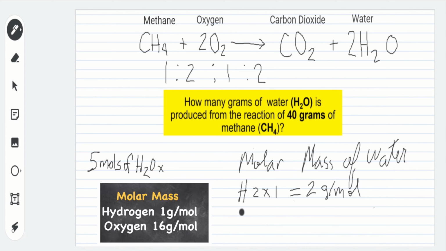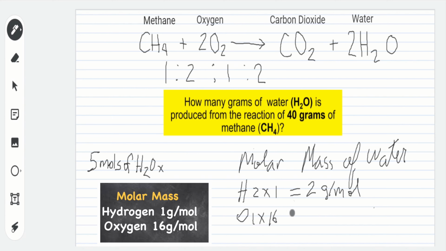And then here, for our oxygen, we only have 1. Okay, isa lang. So, ibig sabihin, 1 times, ang molar mass ng oxygen round off is 16 grams per mole.